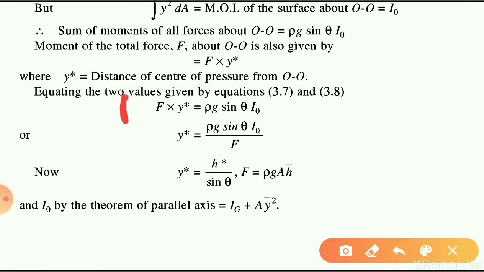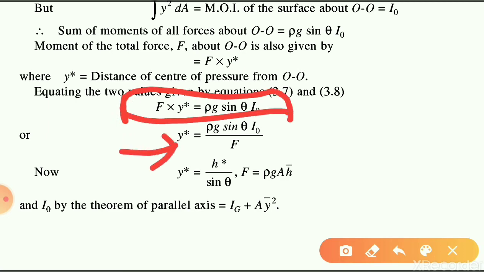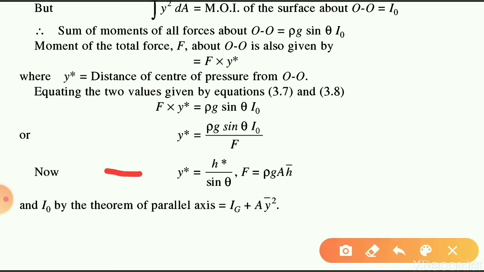Hence by comparing this we get an expression for y*: y* will be ρ g sinθ I0 divided by capital F. Now we know that y* is equal to h* upon sinθ, because we need to find the expression for h*.